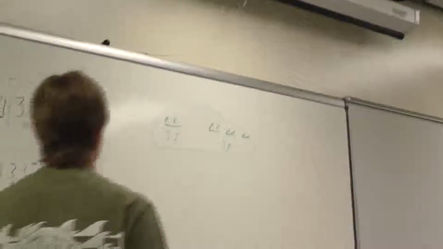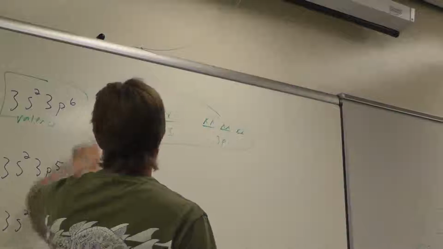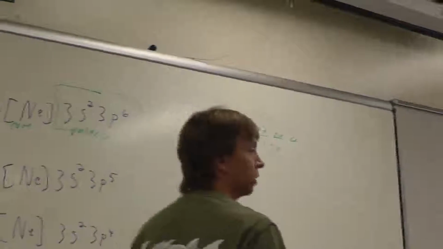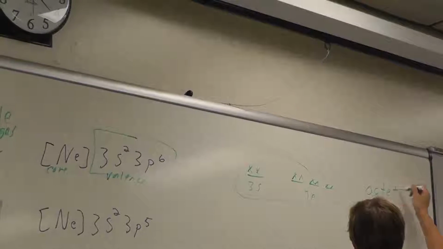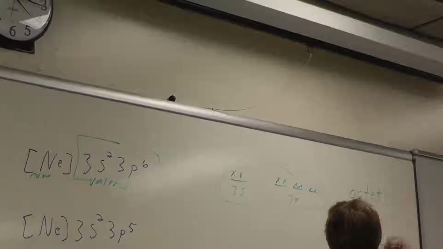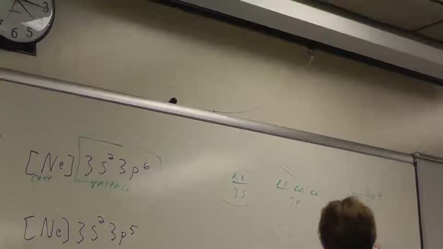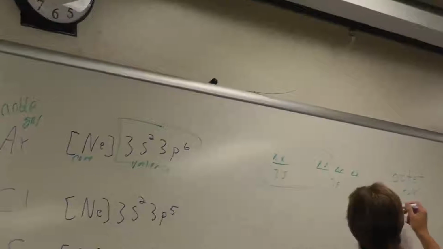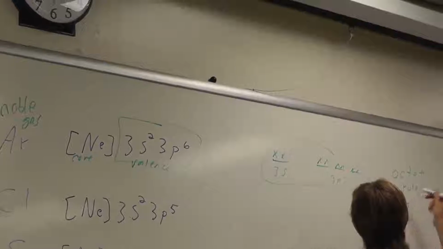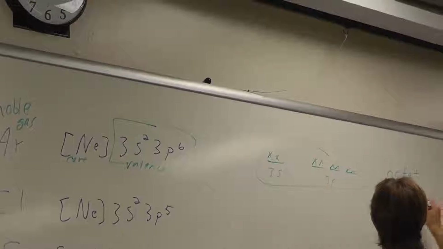How many electrons does it take to get that full? 2 plus 6 is 8. So there's this thing called the octet rule, octet being a group of 8, that atoms are more stable when they have 8 valence electrons.